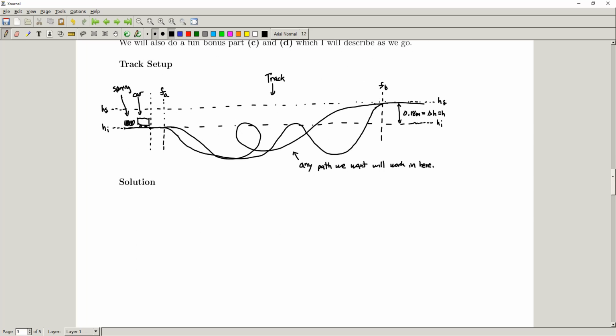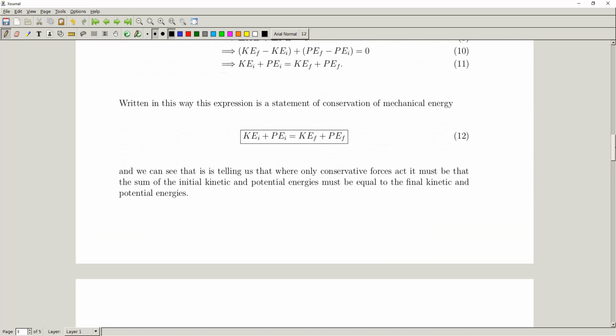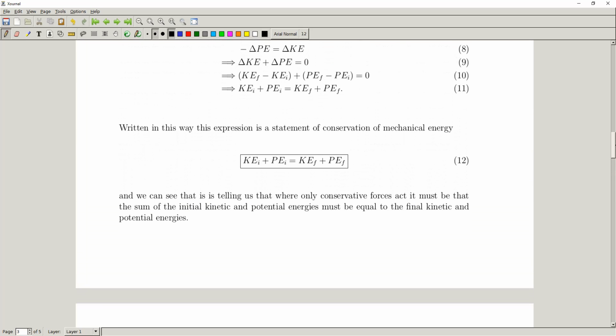Okay, so before we get into actually answering parts A, B, and C, and so forth, I'm just going to set up a very general equation that we're going to be able to use to solve all these parts. If we look back, we just talked about this conservation of mechanical energy.